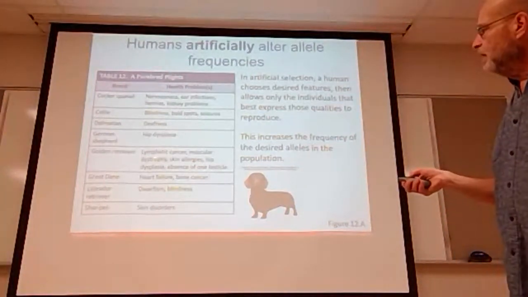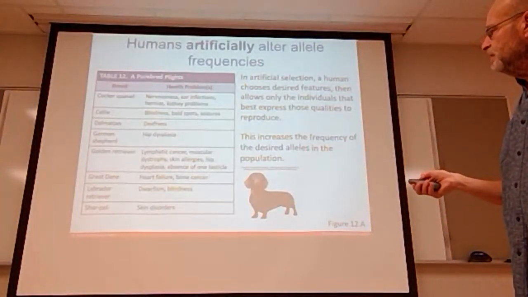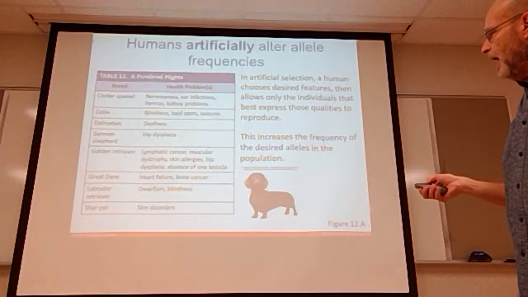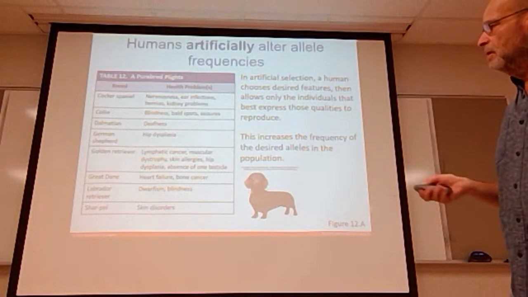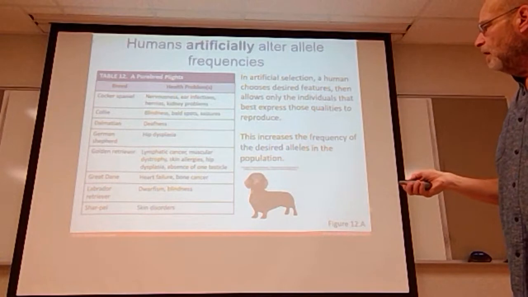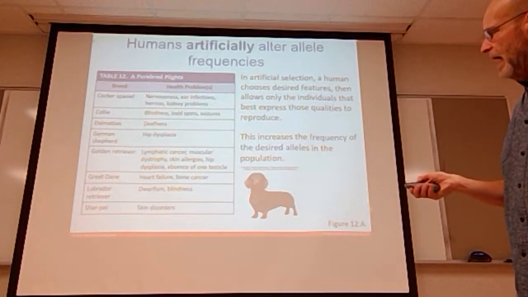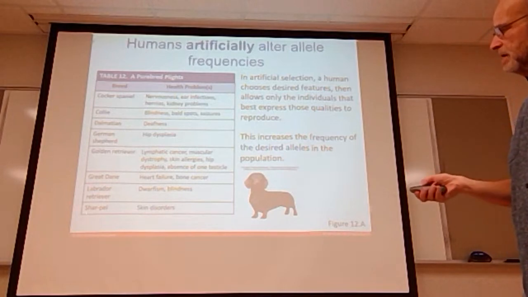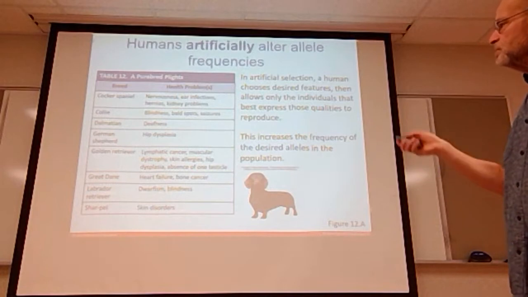The Golden Retriever: lymphatic cancer, muscular dystrophy, skin allergies, hip dysplasia, absence of a testicle, very common in Golden Retrievers. The Great Dane, heart failure and bone cancer. The Lab, dwarfism and blindness. The Shar-Pei, skin disorders.